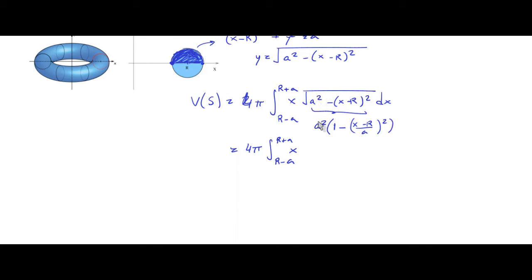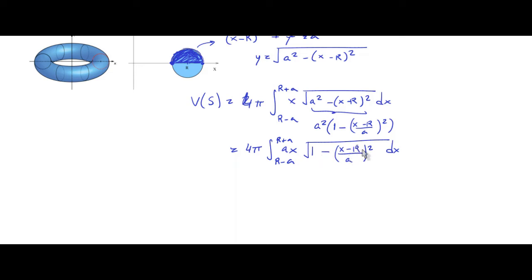So the a gets out, so you have 1 minus ((x minus r) over a) squared. Now this is when we saw primitives in unit 9. This is one of those. This is 1 minus something squared, right? This is (x minus r) over a.